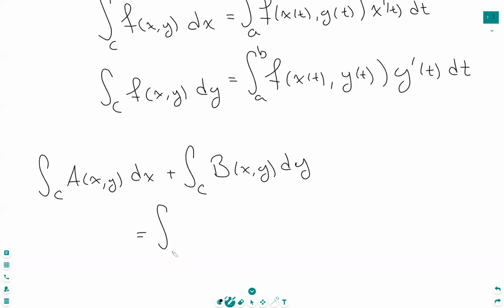A shorthand way of writing this is the line integral of a dx plus b dy. So basically it just drops the second integral and says this is all a line integral over the path C, but this part of it is being integrated with respect to x, and this side of it is being integrated with respect to y.